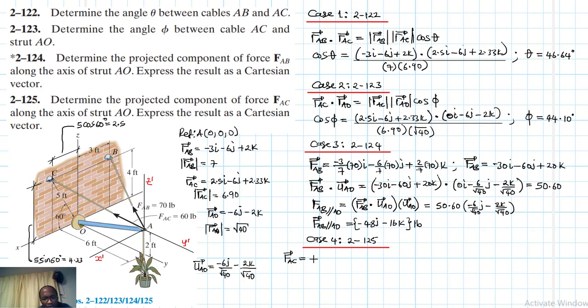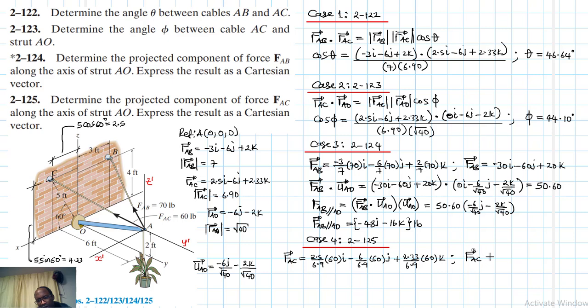We have a 2.5 divided by 6.9. What's the value for 60? 60i. Okay. Then we have a minus 6 divided by 6.9 by 60j. Then we have a plus 2.33 divided by 6.9 times 60k.